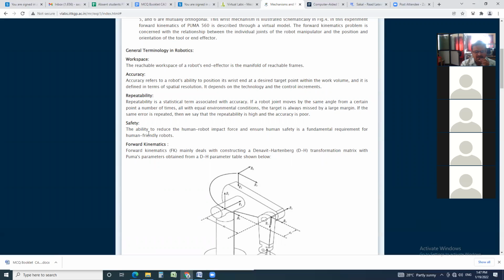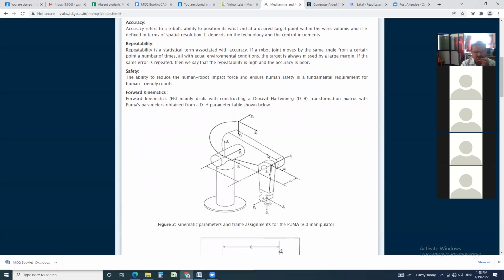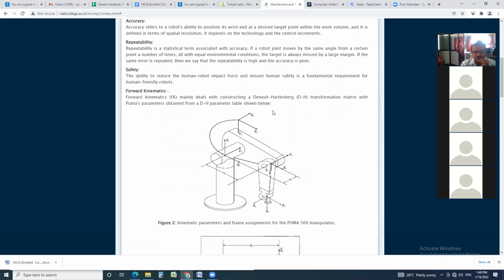Safety. The ability to reduce the human-robot impact force and ensure human safety is a fundamental requirement for human-friendly robots. Forward kinematics. Forward kinematics mainly deals with constructing a Denavit-Hartenberg (DH) transformation matrix with Puma's parameters obtained from a DH parameter table shown below.